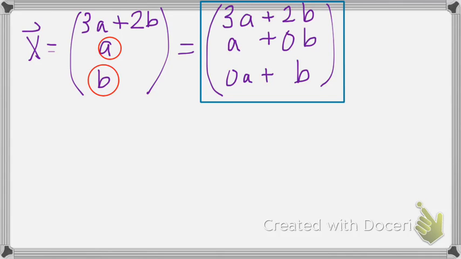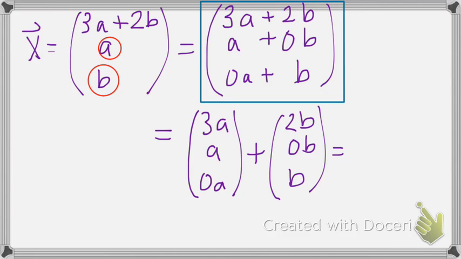Writing this in parametric vector form, we notice that we can split up our vector into two vectors added together: 3a, a, and 0a, plus 2b, 0b, and b. Because we have constants a and b, which can be any real number, we can take those out.